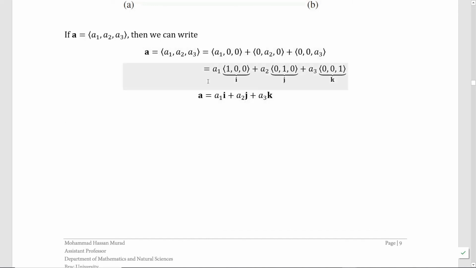By the property of scalar multiplication, we can factor a sub 1 out of the first vector, and so in the cases of the other 2 vectors. Now we notice this vector 1, 0, 0 is i, and 0, 1, 0 is j. Similarly, the vector 0, 0, 1 is k. So we've written the vector A, whose components are a1, a2, a3, in terms of the standard basis vectors.